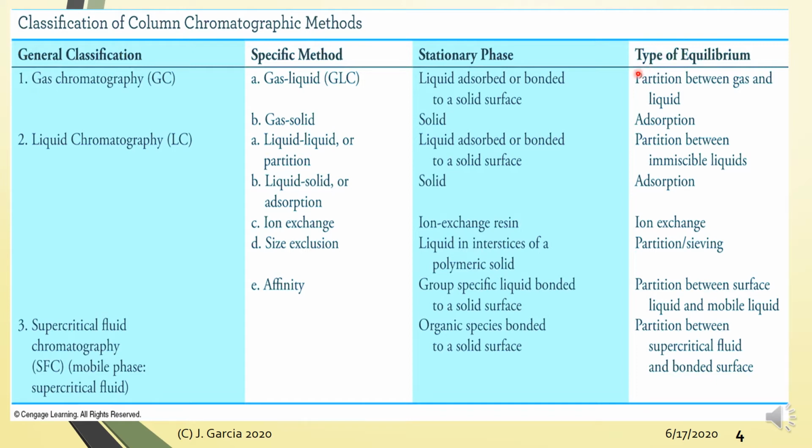By the way, the manner by which your components elute along the stationary phase is via an equilibrium process wherein the analyte distributes itself between the stationary phase and the mobile phase repeatedly as it goes along the column. To understand the concept of distribution equilibria, you can relate this to the topic discussed on distribution equilibria.